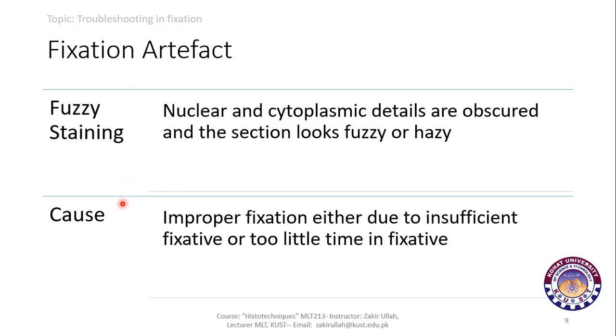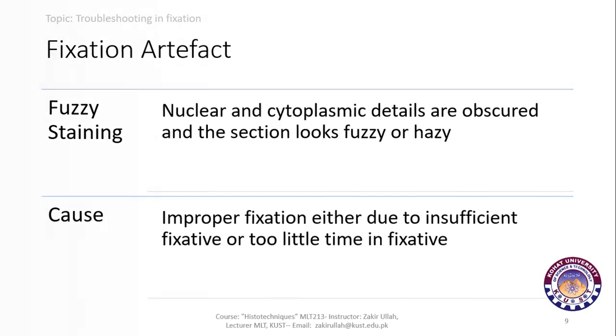This artifact is caused by improper fixation. This improper fixation may be either due to an insufficient quantity of fixative, or if the time is not proper and the fixation time is less than the required or preferred time. So, this can cause the fuzzy staining of the tissues.